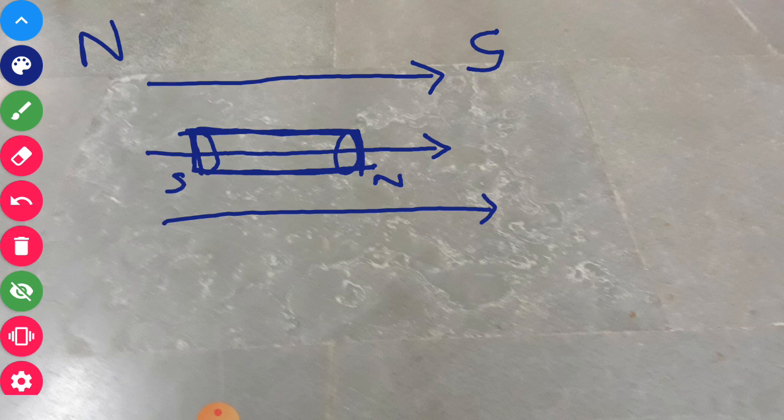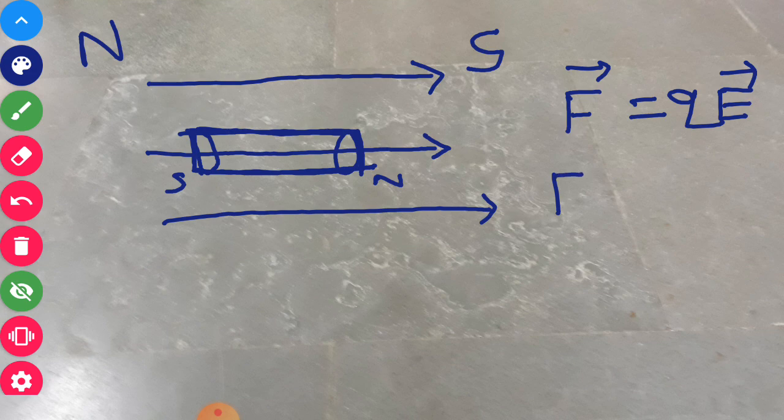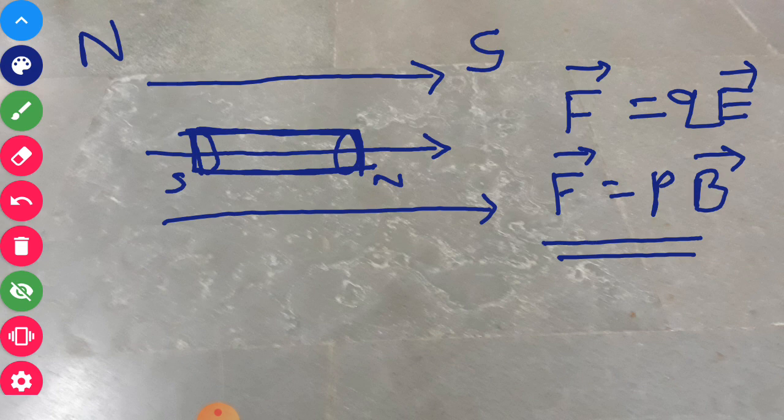Now force F: in an electric field we have taken force as Q into E, that is charge multiplied by electric field. Here in the magnetic field, force is equal to the pole strength of the bar magnet into the intensity of the magnetic field. This is the understanding with the help of the formula.